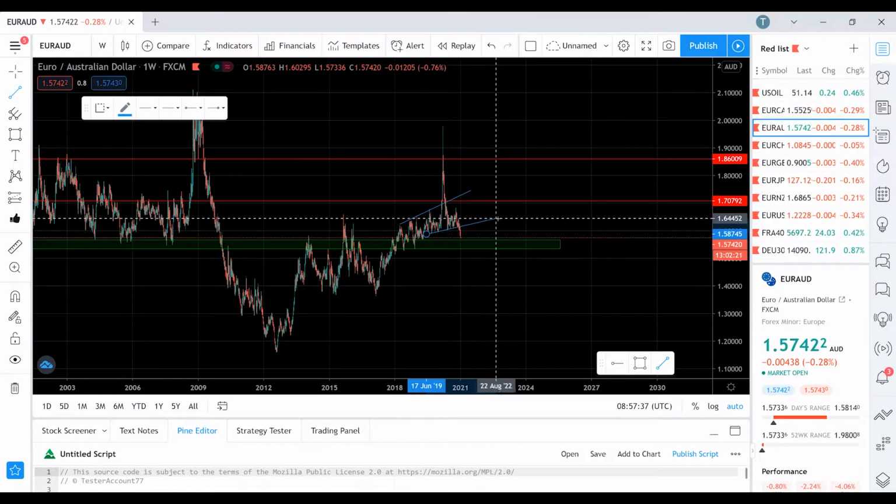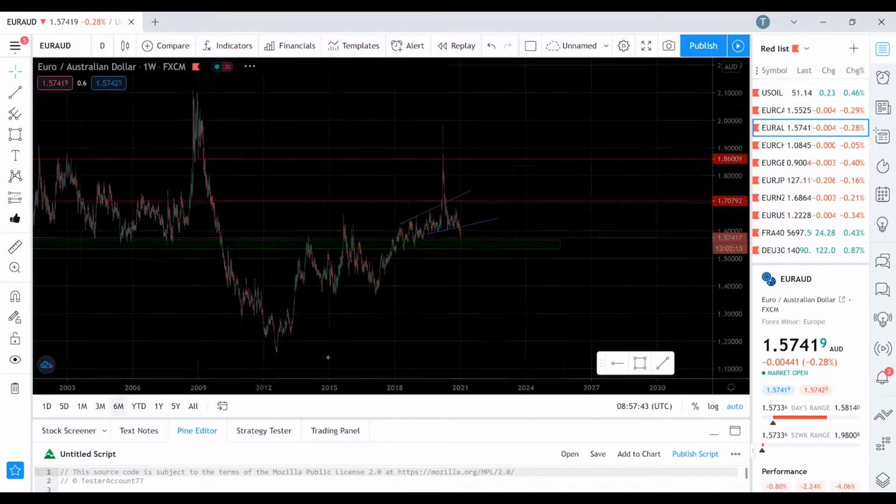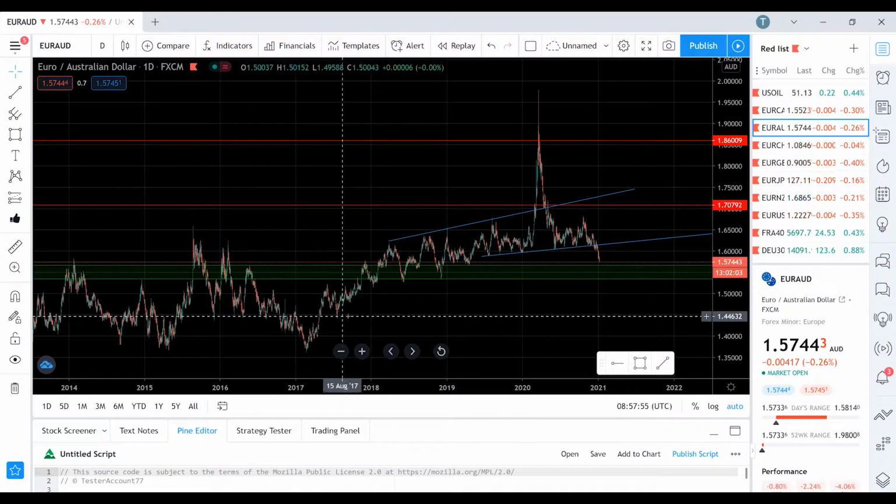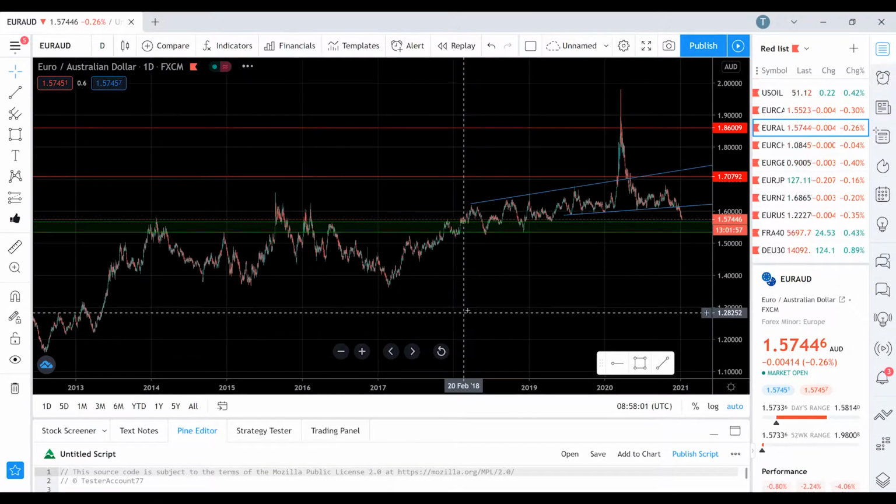Trend resistance here. Move to the daily. Support here.